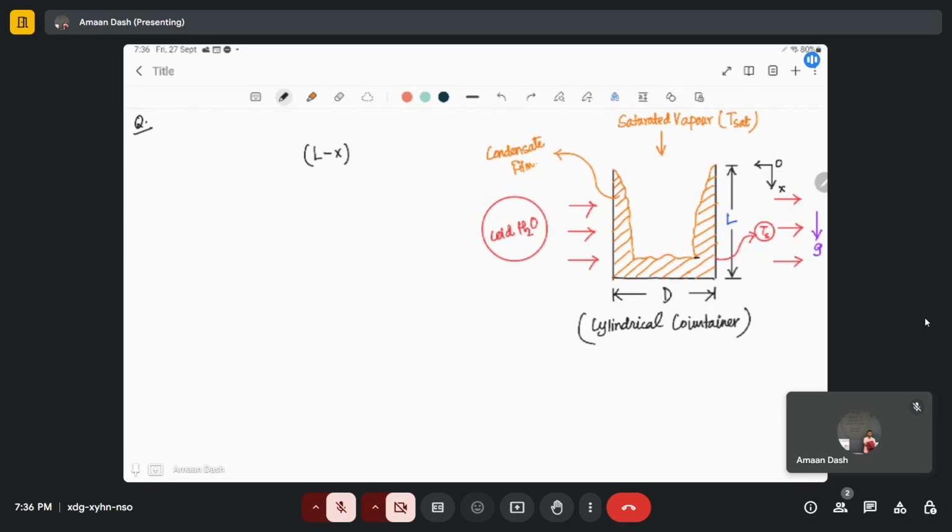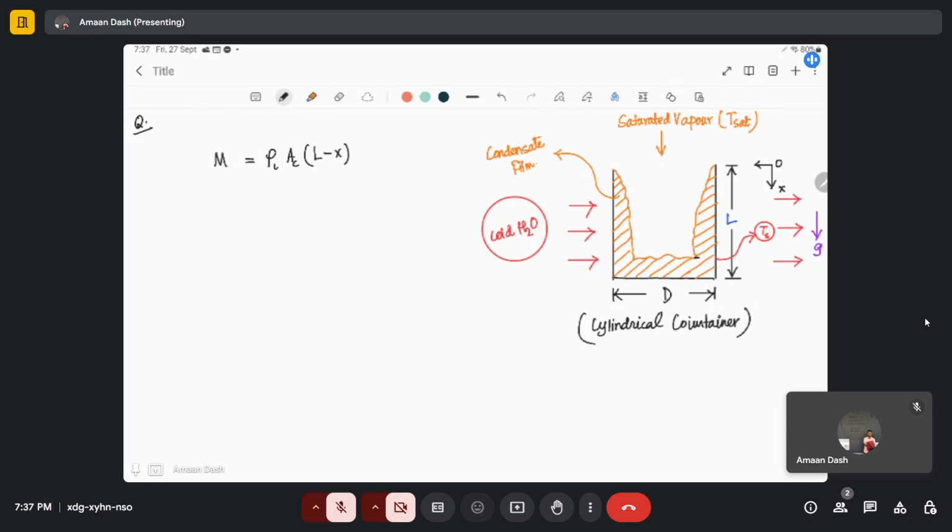And we have some cross sectional area multiplied. So this is the total volume that this liquid is occupying, and the density of the liquid times this volume is nothing but the total mass accumulated inside the cylindrical container. Right.